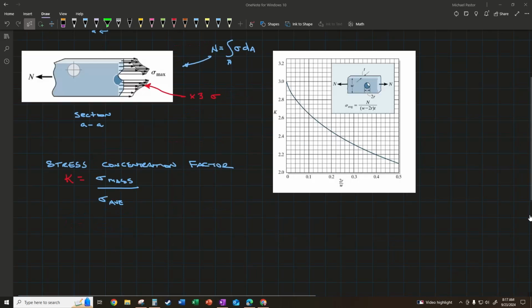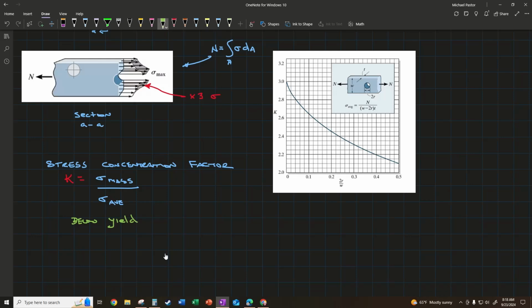Now, this sort of simple representation is only good in cases where we are talking below the yield point, so in the elastic range.